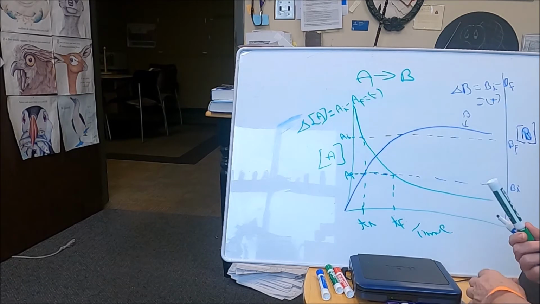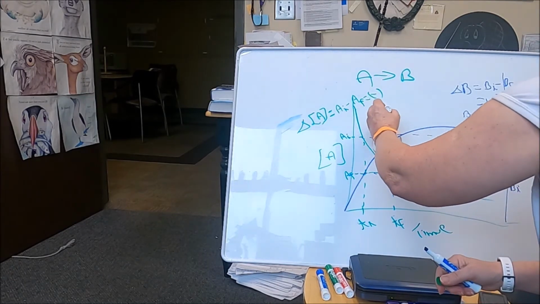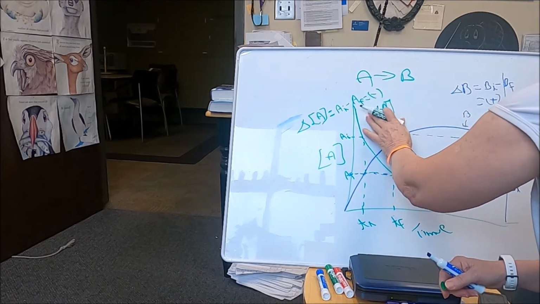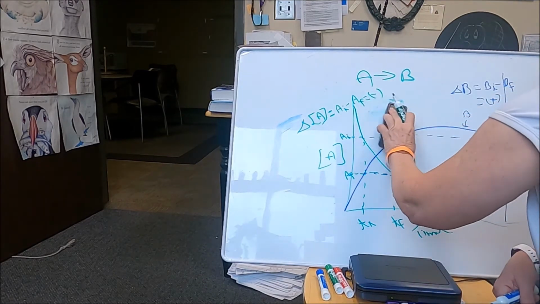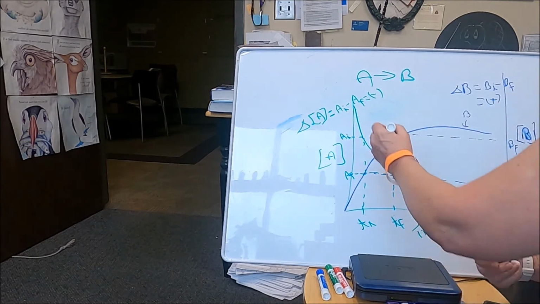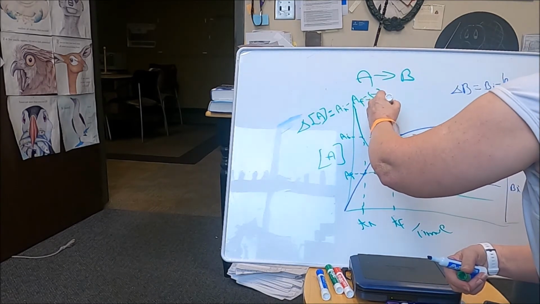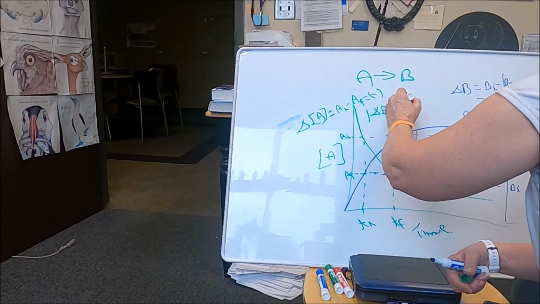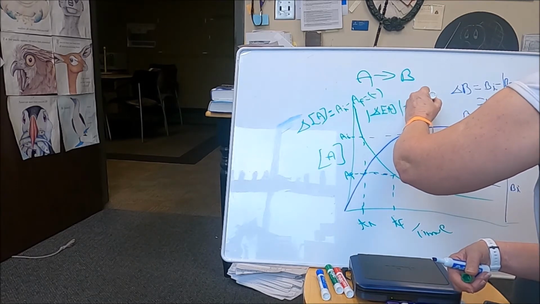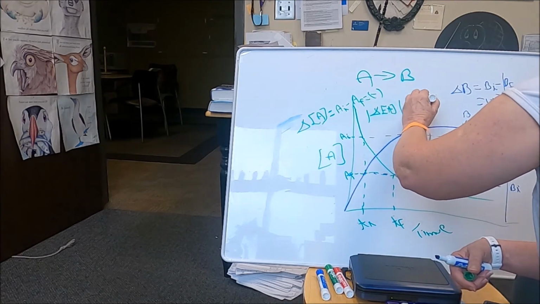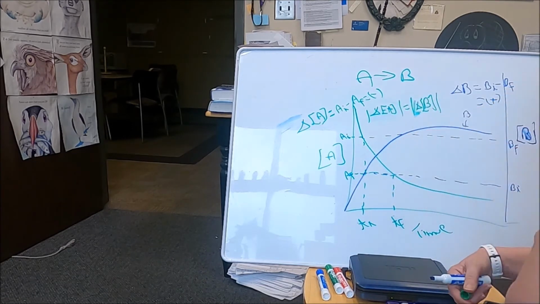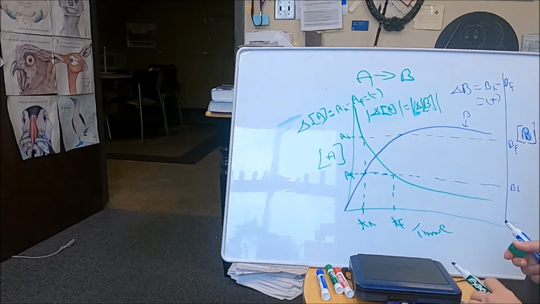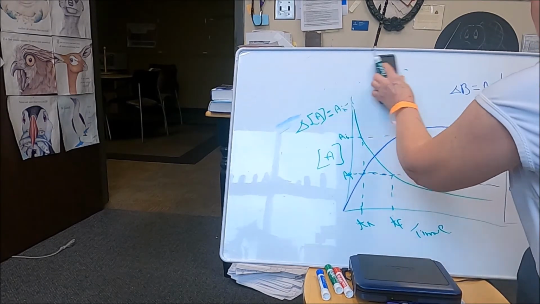So one of the things I know here is that the change in concentration of A, the magnitude of the change in concentration of A, has to equal the magnitude of the change in concentration of B. Let me give a little room here.